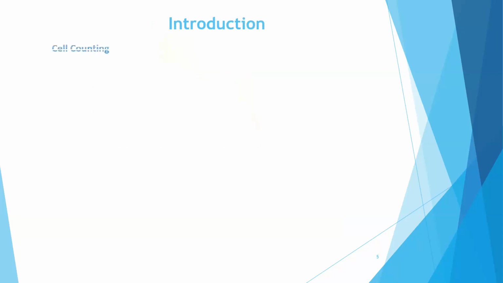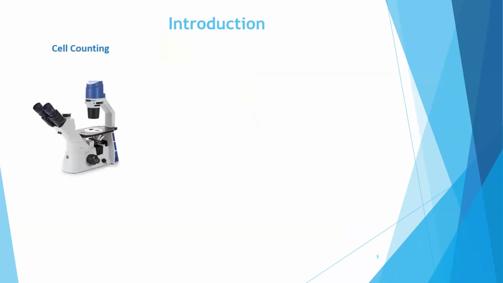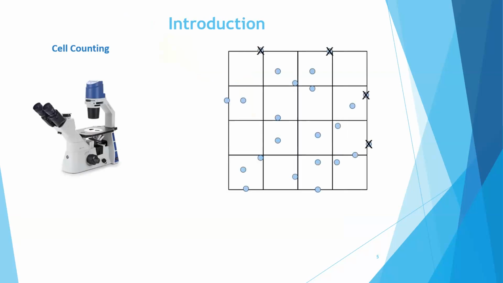Cell counting. The number of cells in a given volume is very important for cell culture studies to be controlled and comparable. Cell counting can be done with many staining methods. Cell staining special dyes are used either under a microscope or with special cell counting devices.